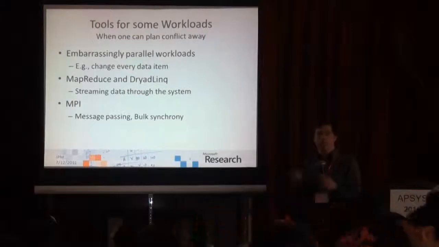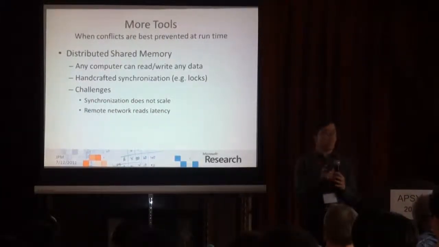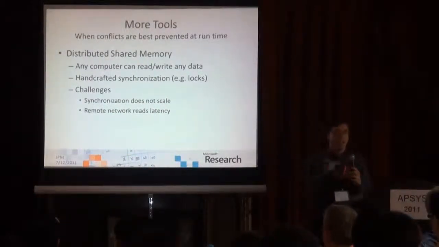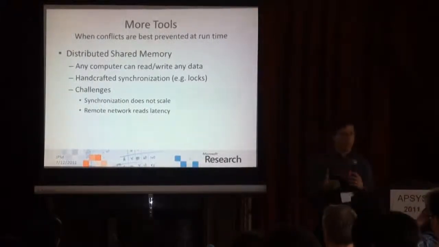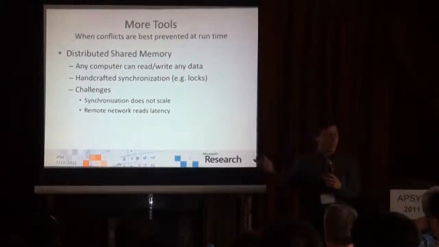So now you have to work carefully to make sure that there's no conflict in the way that you access the data. Now, sometimes, instead of spending all the time to carefully plan that there be no conflict in the data accesses, you can instead have the runtime detect them and deal with them at runtime. You can do this using locks or transactions. And this allows you to do something different, namely distributed shared memory.